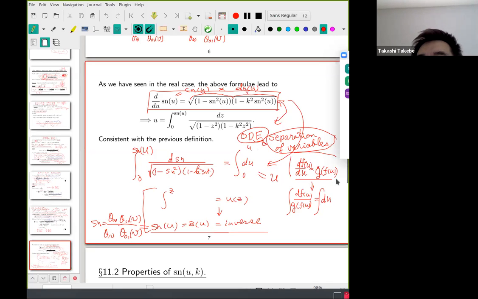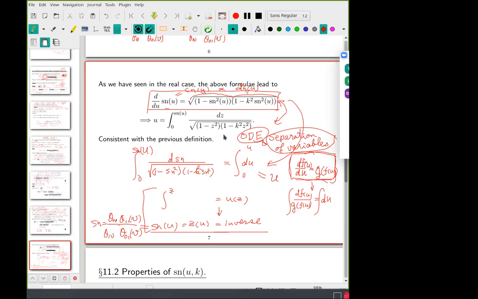What we need is the undergraduate course on ordinary differential equations. So please have a look at some reference, and then you'll see that this can be solved by this integral.